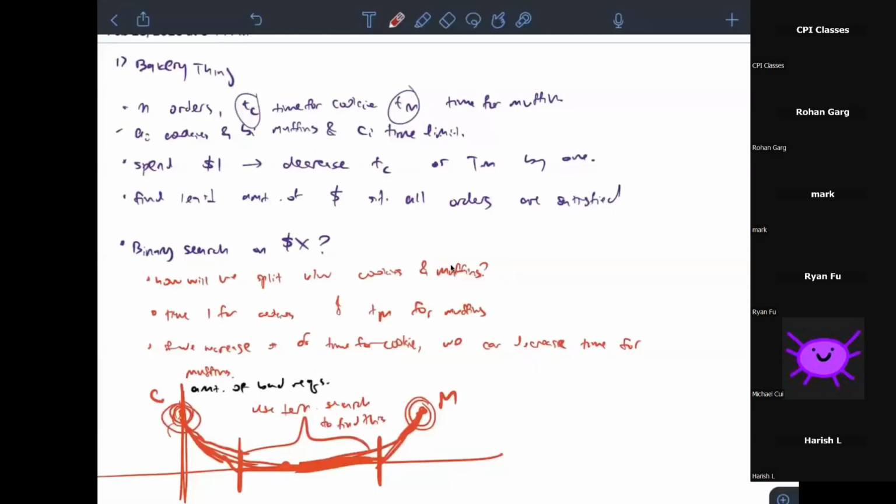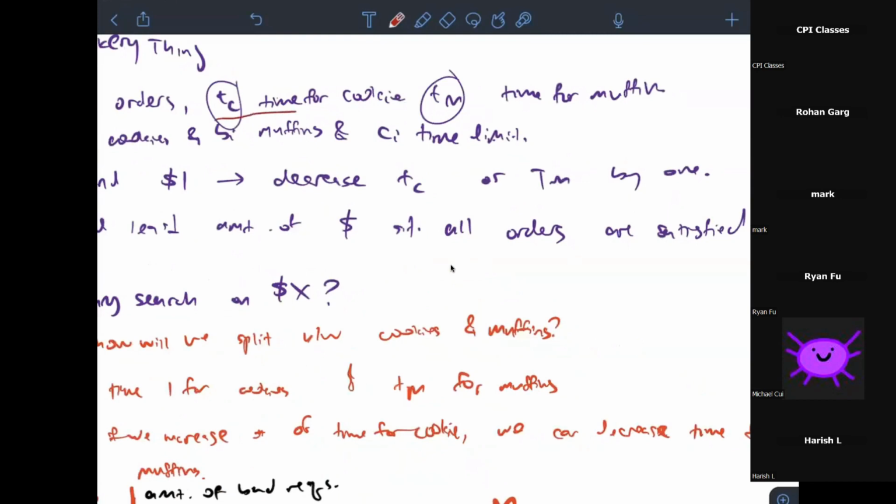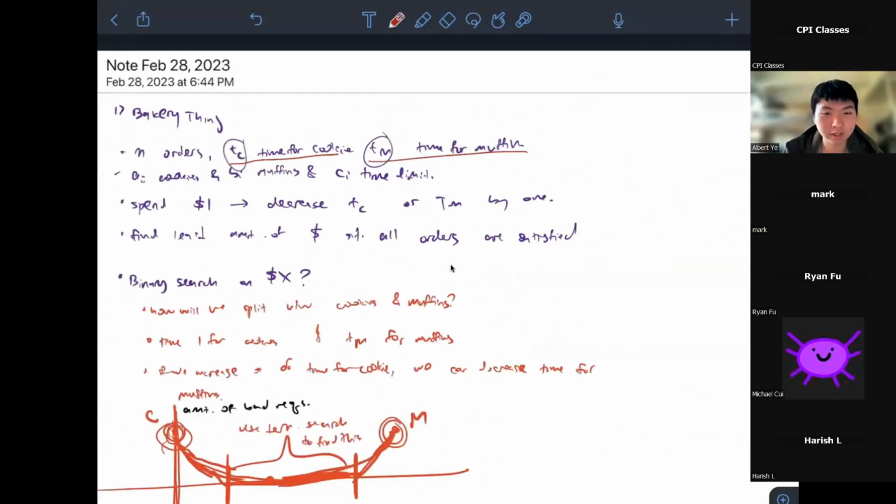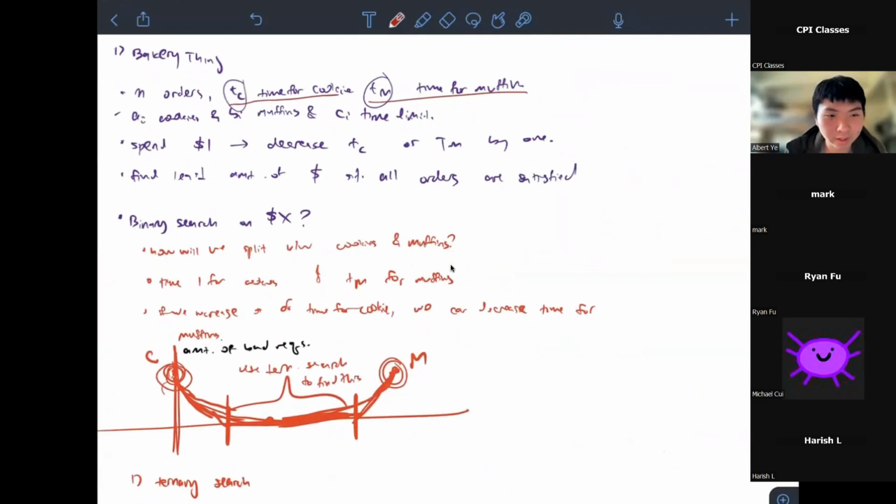Okay, so for this bakery problem, we have n orders. TC is the time to bake a cookie, and TM is the time to bake a muffin. Basically we have AI cookies and BI muffins and a CI time limit for each order. We want to spend $1 to decrease TC or TM by 1.